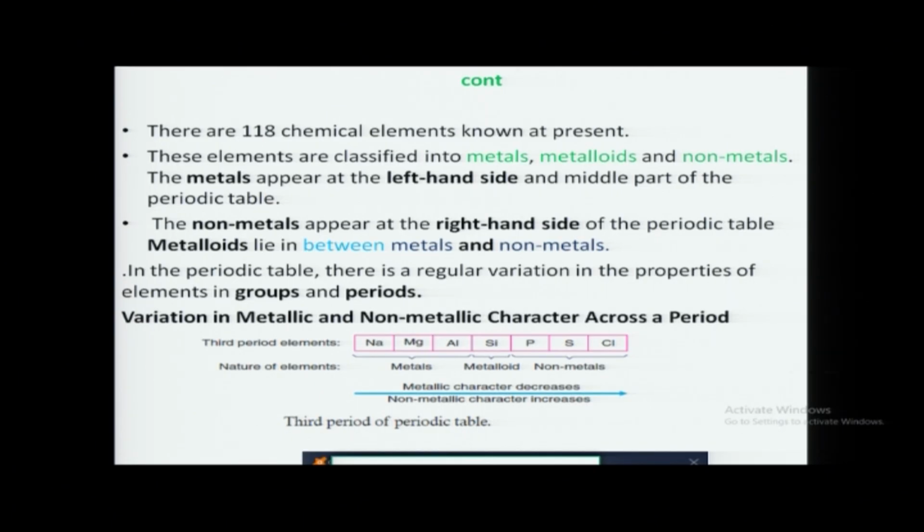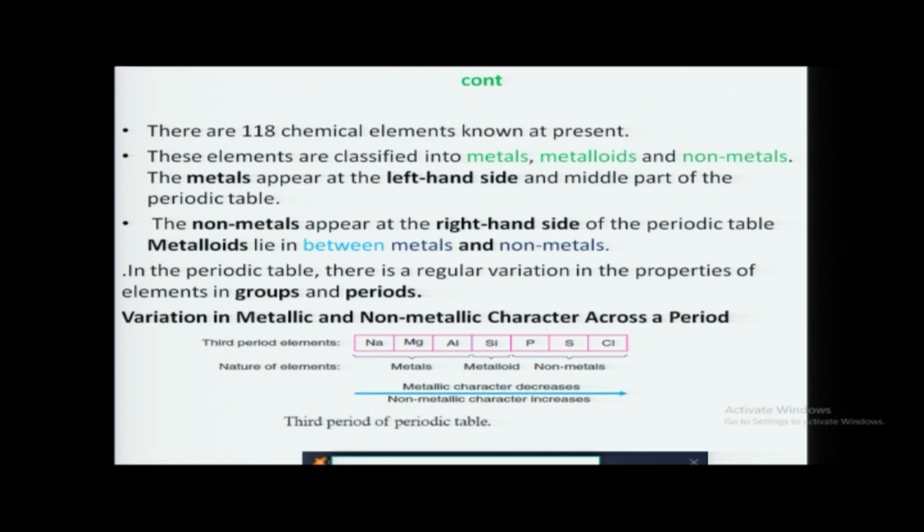When you look on the slide there, we have picked the third period, P3, which has sodium, magnesium, aluminum, etc. They are in the same period, but we have said they have differences or variations in their properties. We're going to see why and what brings that.